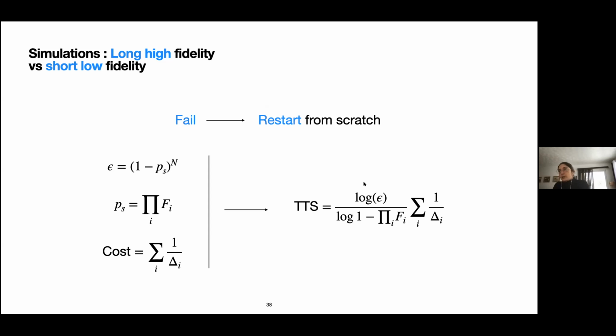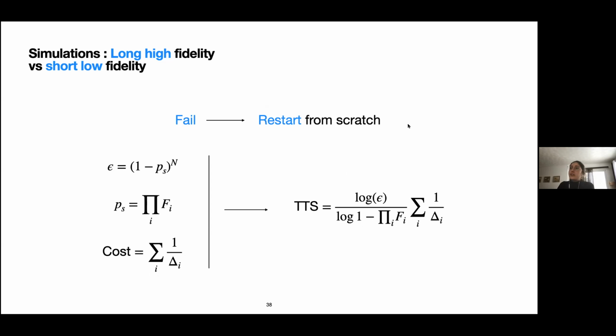So here it's really just the expression to give the number of times that you will have to repeat your algorithm in order to reach an overall probability of failure of epsilon. And each time you run this algorithm, you have a cost that is bounded by the cost of your overall algorithm.